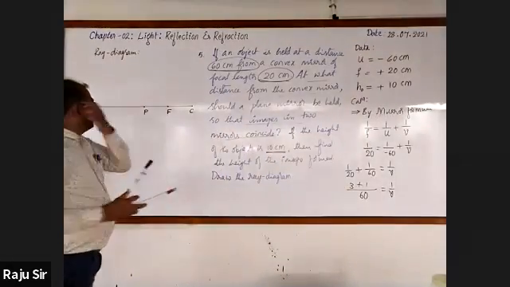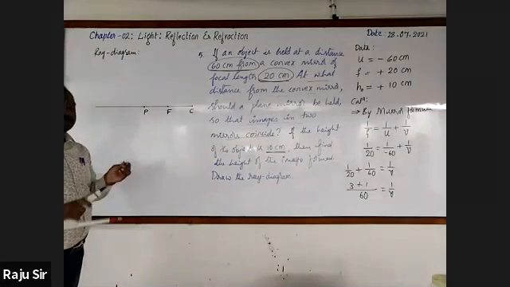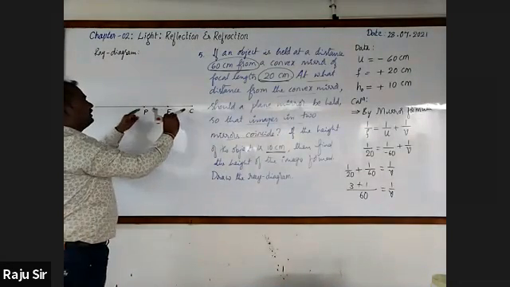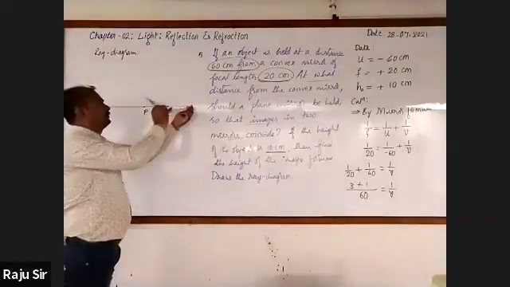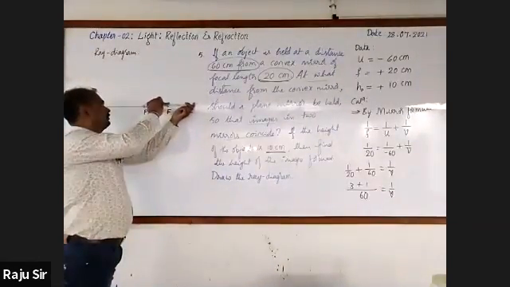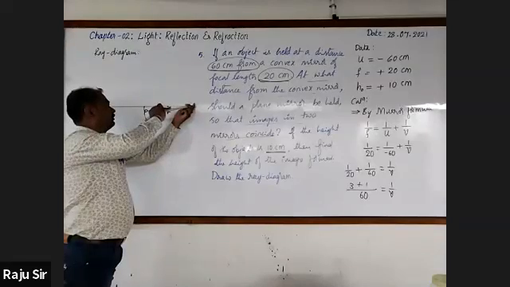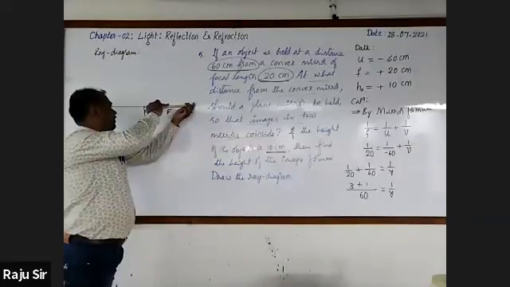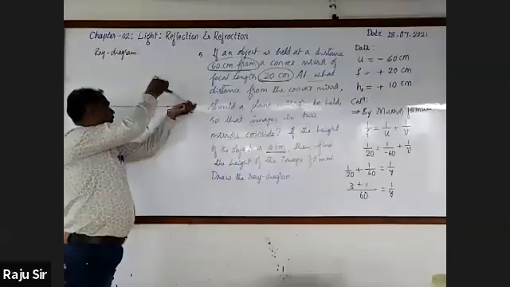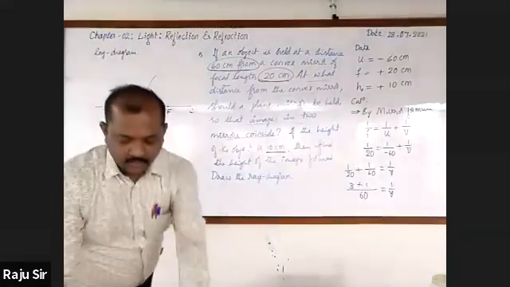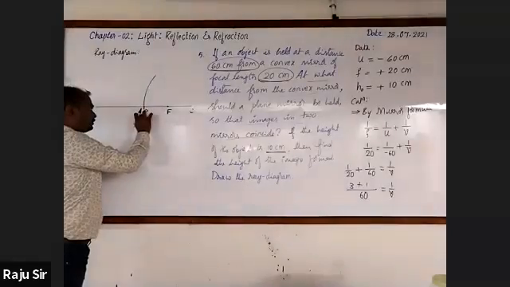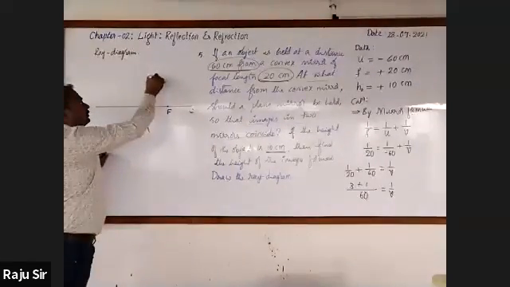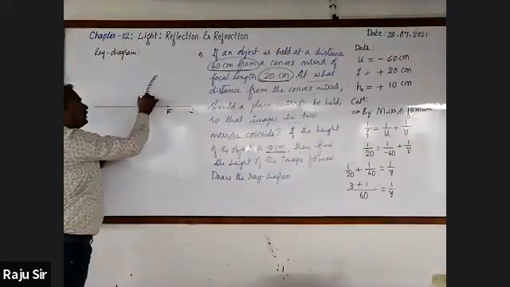Now, using the compasses with the center C as radius, draw an arc. As this is a convex mirror, the reflecting surface should bulge outward to show the non-reflecting surface.